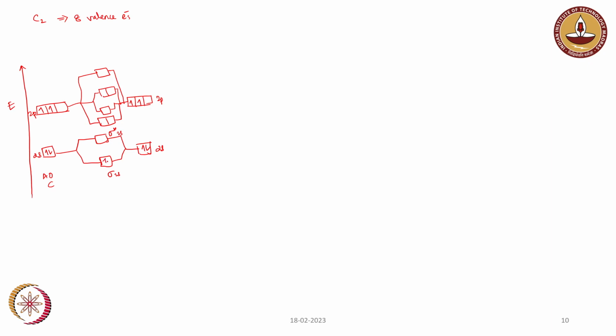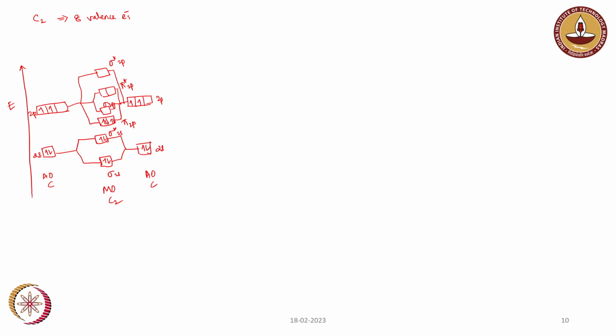So we'll add the electrons in molecular orbitals. There are a total of 4 electrons in 2p, so all the 4 will go into pi.